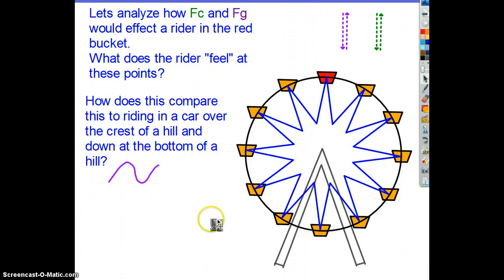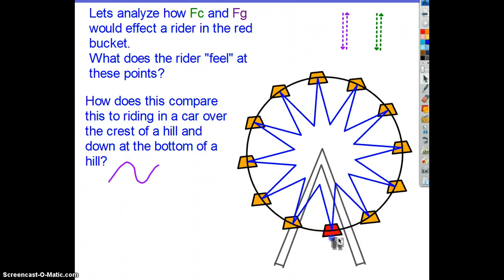But at the bottom, all of a sudden, your inertia has a lot to do with what you're feeling. Your inertia and gravity, and your inertia gives you this centrifugal force that I was talking about. Centrifugal force here is directed upward and outward, because that's where your inertia is heading.